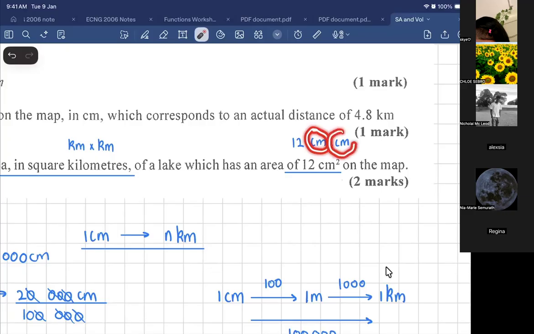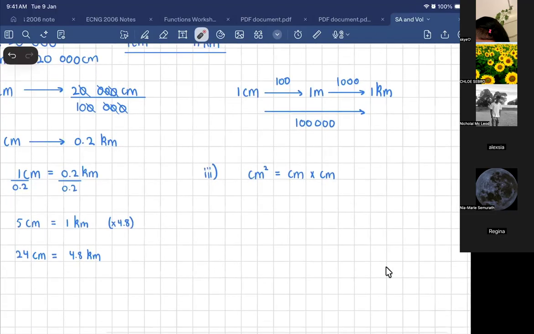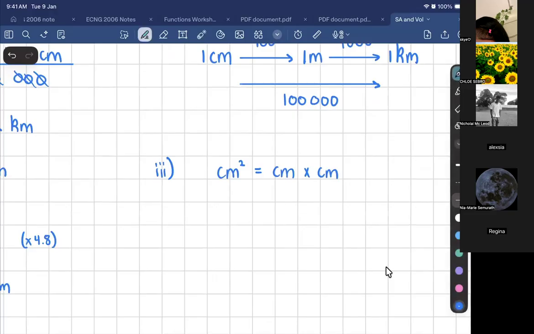And I would need to convert the other centimeter to kilometers. So it's 2 sets of conversions. We want to go from cm squared to kilometer squared, which means kilometer by kilometer. You need to convert centimeter to kilometer here and centimeter to kilometer here.